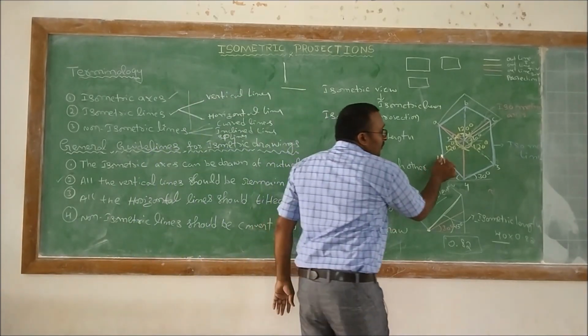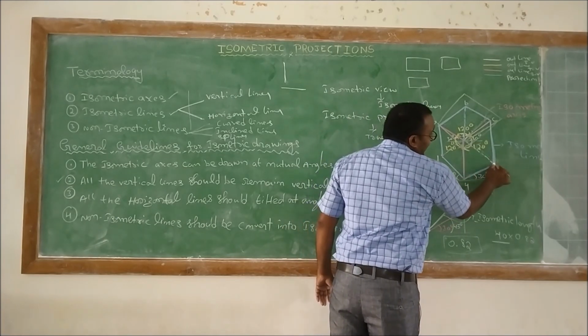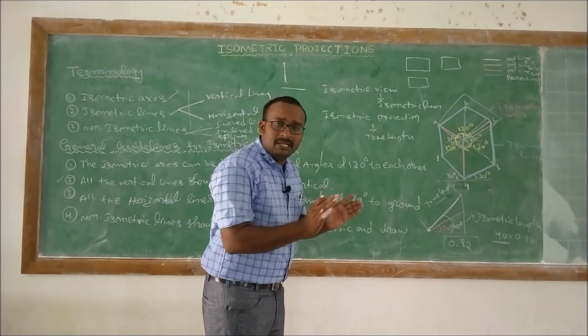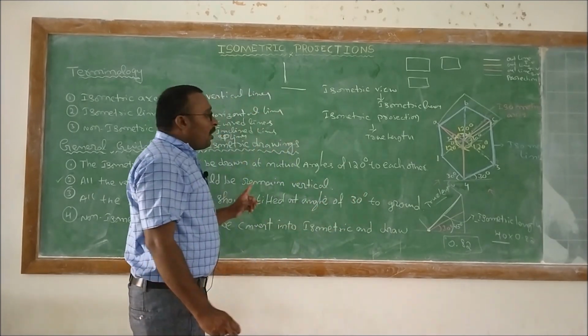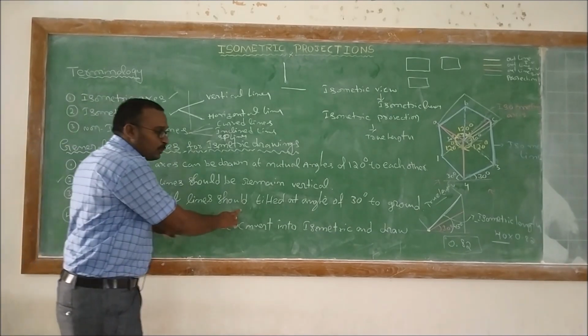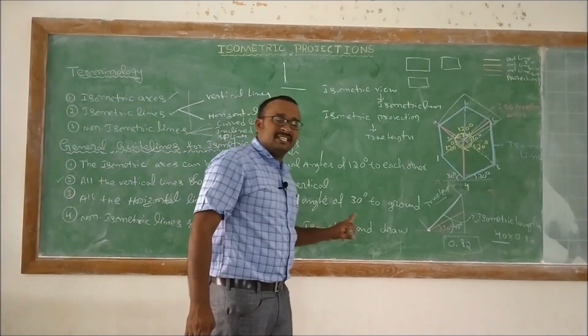Here this is a vertical line, this is a vertical line and this is a vertical line. The next condition is that all the horizontal lines should be tilted at an angle of 30 degrees to the ground.